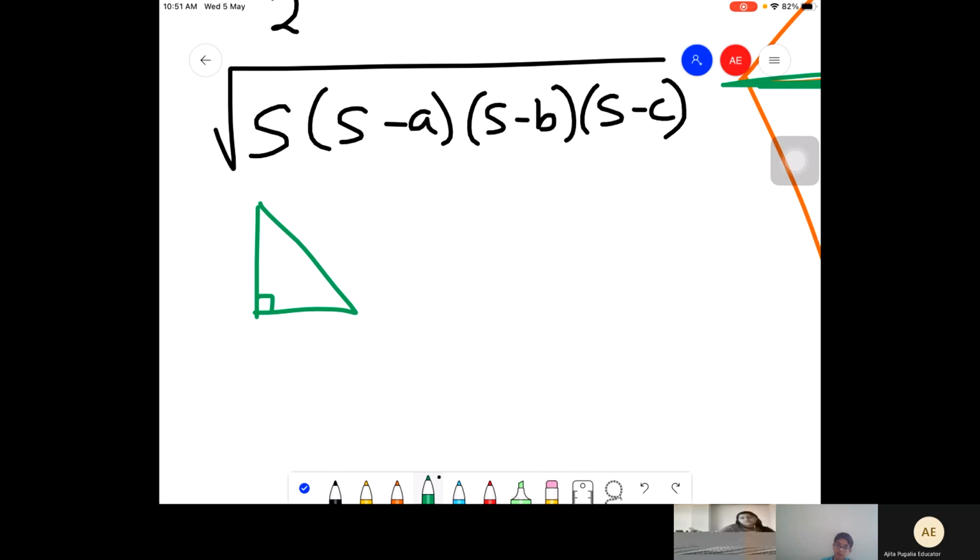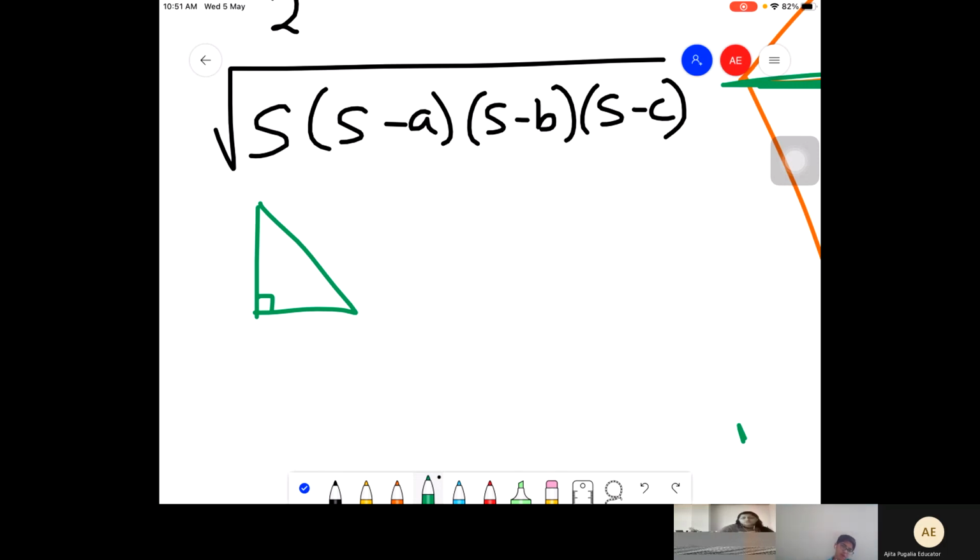If it's a right angle triangle, Neve, what will my answer be? Same thing. You could do A square, B square, C square, I think. Oh, no, it's a right angle triangle. Can you just use the equation?